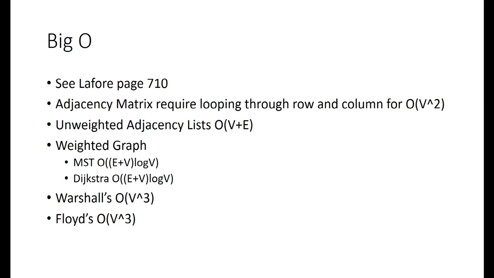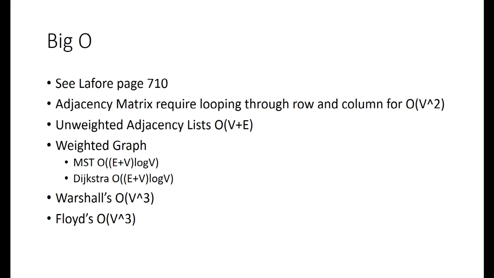Okay, big O. As you know in this course, big O is important. The big O for graphs are all on LaFour, page 710, and we'll just run through them real quick. Adjacency matrix requires looping through rows and columns for the most part. If that's the case, which it usually is, that means that we have a big O of the number of vertices squared, right? Okay, that should make sense.